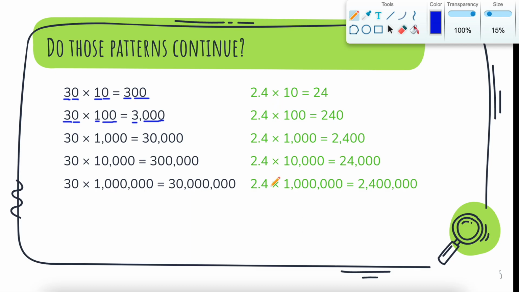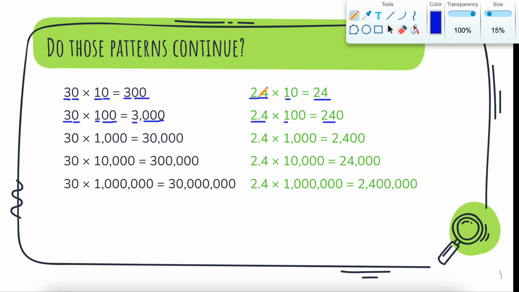Now this one, where we're multiplying by 2.4, is a little bit different because our first factor is a decimal. So you'll notice it still is like doing 24 times 1 is 24. 24 times 1 is 24. But the number of zeros doesn't necessarily match. That's because we have to first increase this place value to make this a whole number.